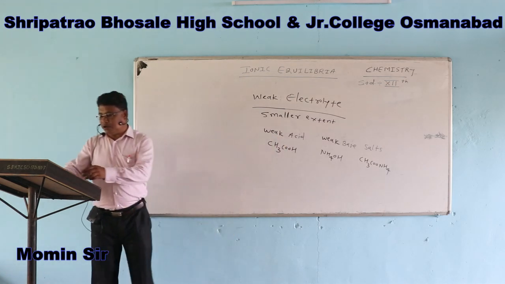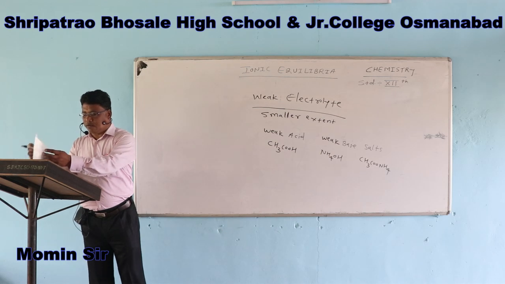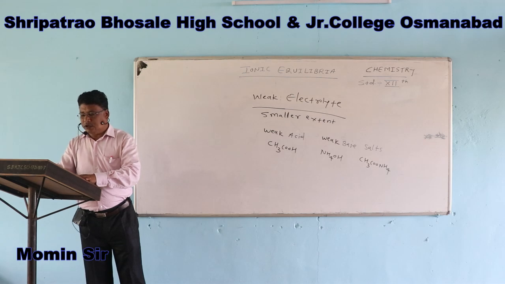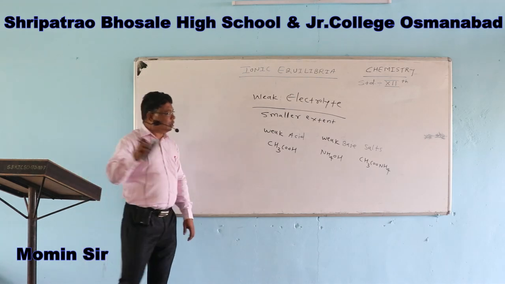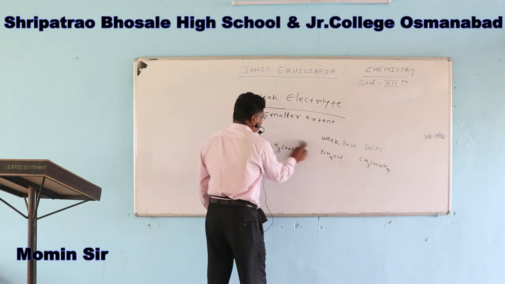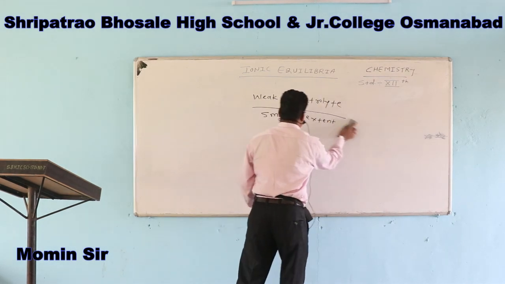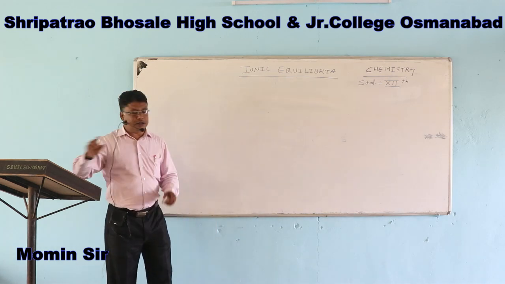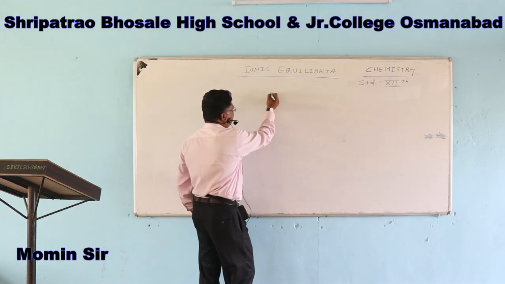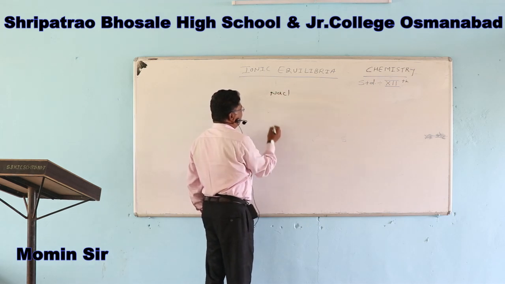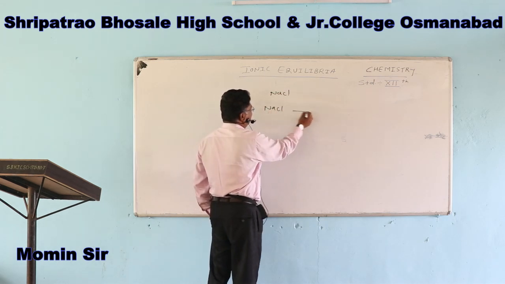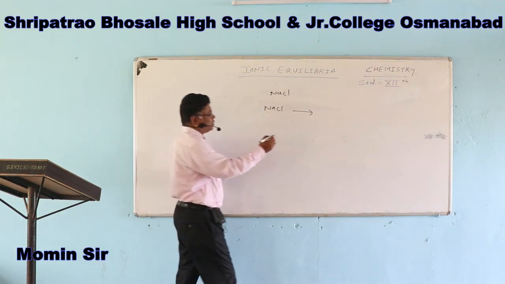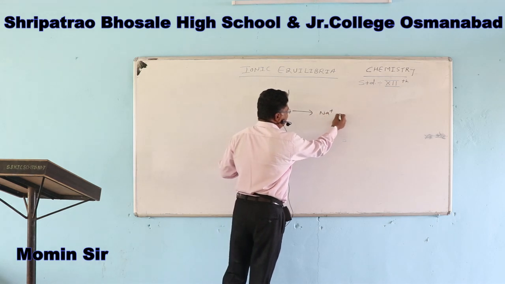Now, here is one more important point we want to know. For example, NaCl, sodium chloride, is an example of a strong electrolyte, because NaCl ionizes completely to give Na plus and Cl minus.